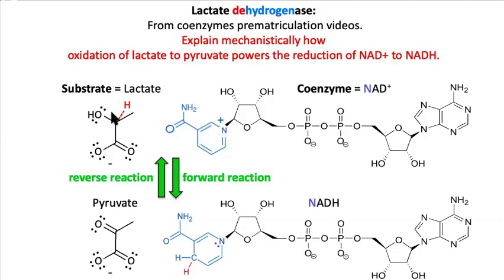In fact, I recommend that if you say, I already know this, go ahead and draw the arrows to show how that can happen. The electrons on the hydroxyl can resonate down to form a double bond and push the electrons in the double bond onto the nicotinamide. So now you have a high energy nicotinamide.